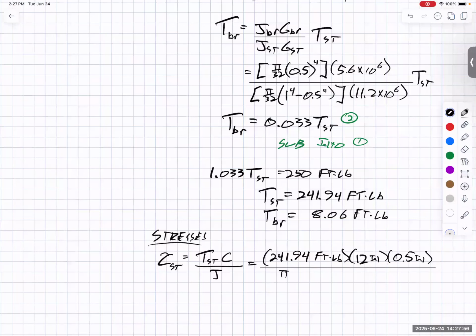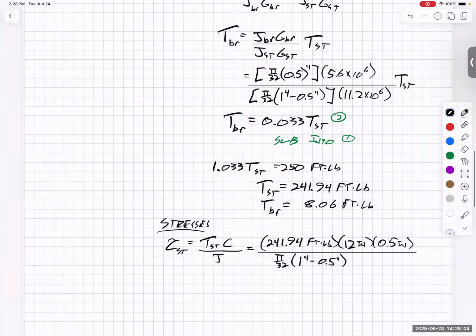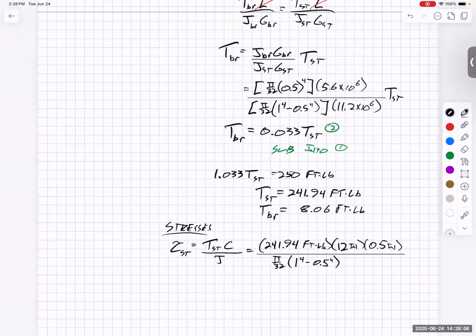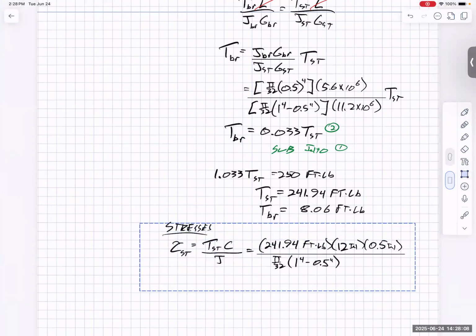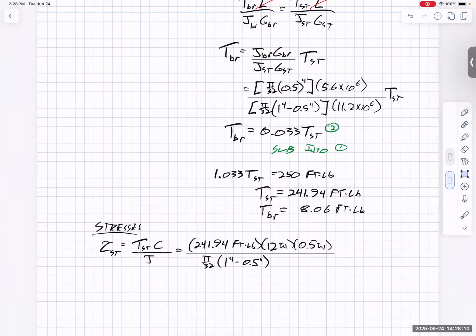Polar moment of inertia, pi over 32, once again, times the diameter, which we said was 1 to the fourth minus 0.5 to the fourth. Let me do just a quick little rearranging to give myself a little bit more room, make it a little cleaner, put it on one line. And I ended up with 15,772.